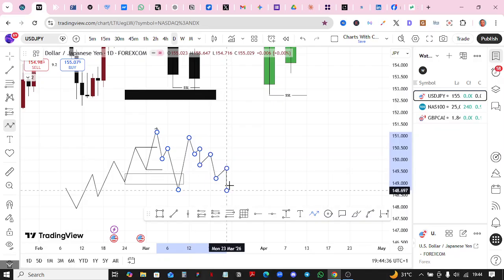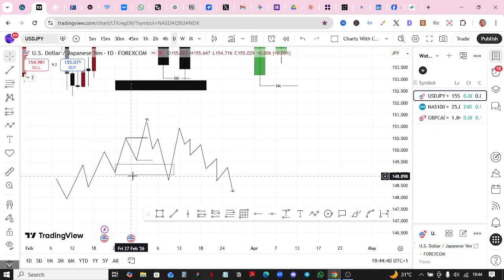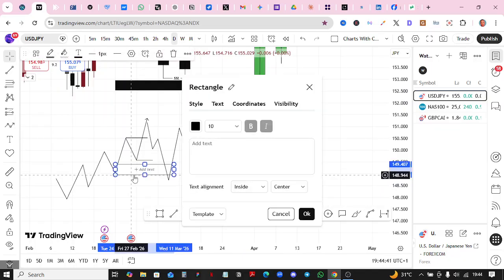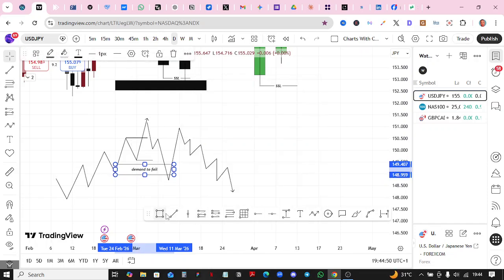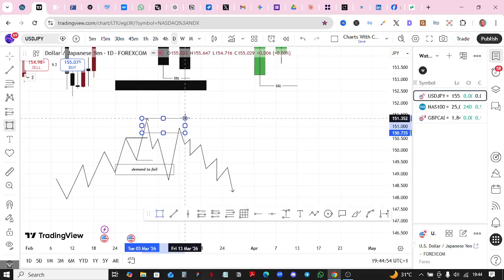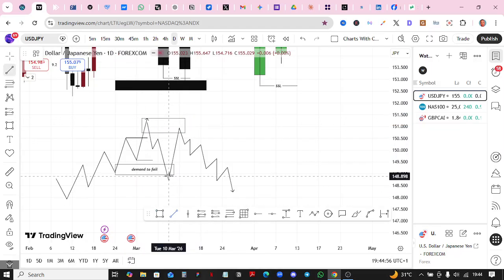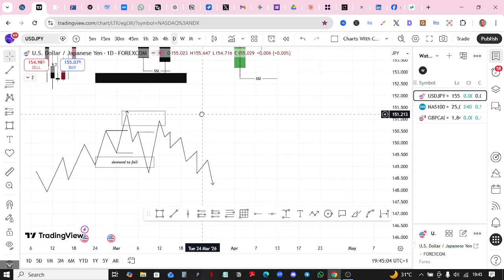You have to wait for this to play out, right? So you want a demand to fail for a bullish scenario, and then you look for an entry somewhere around there with this as your inducement for the sell, right? This is for a bullish scenario.